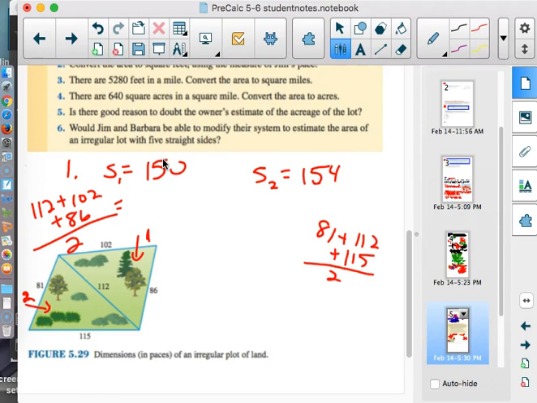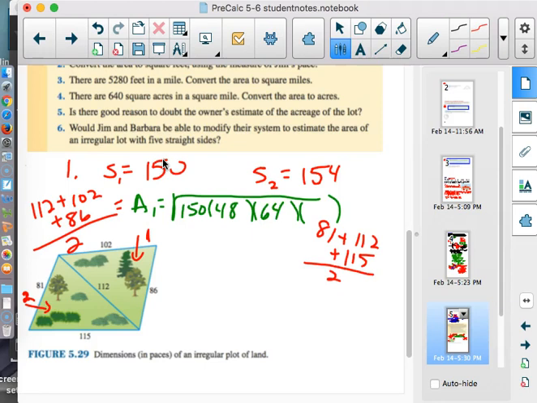So for triangle 1, our area, which I'll call area 1, is going to be the square root of 150 times, and then we go through each of those dimensions and subtract from 150. So 150 minus 102 gives us 48. Then 150 minus 86 gives us 64.